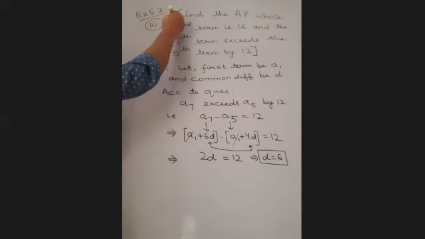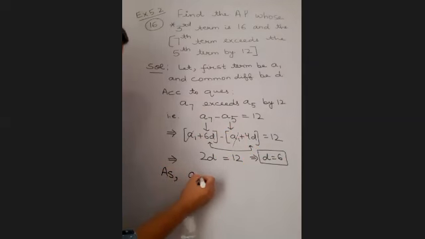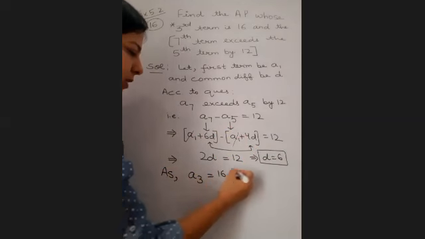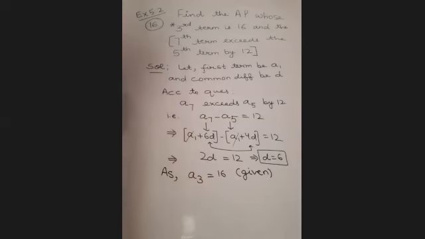Now let us focus on this condition, that we are given the third term is 16. A3 is equal to 16. We are given this. Let us put A3 in terms of A1 and D. What is that, bache? A3 is A1 plus 2D.